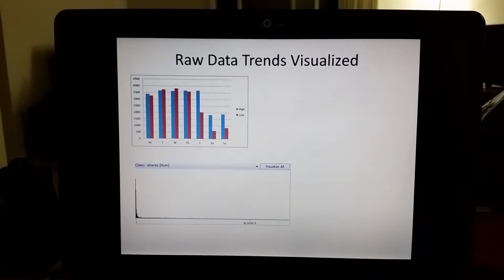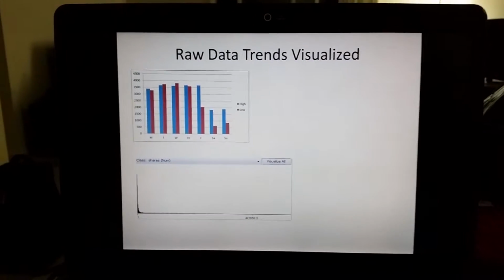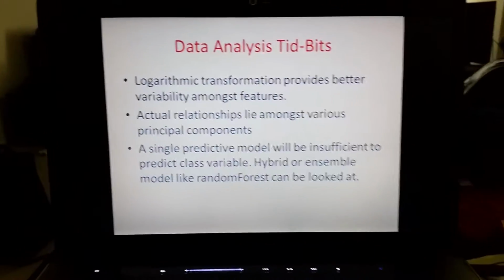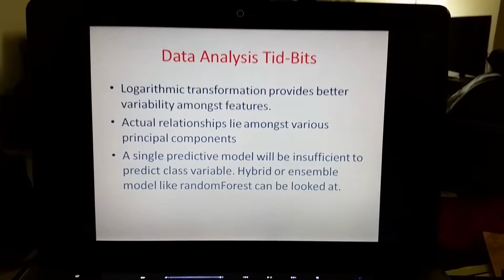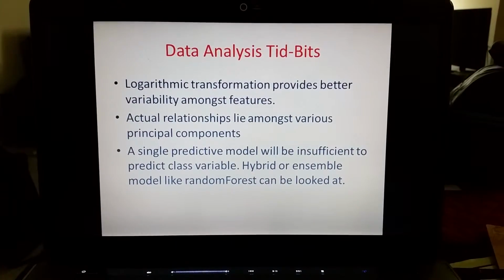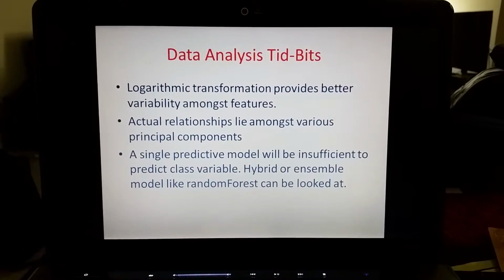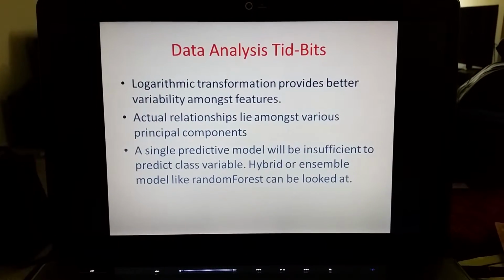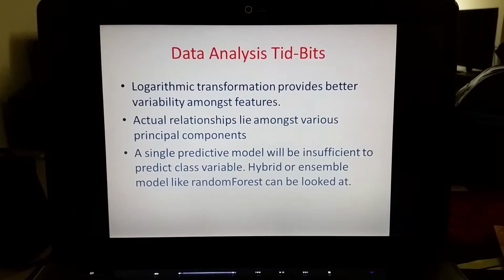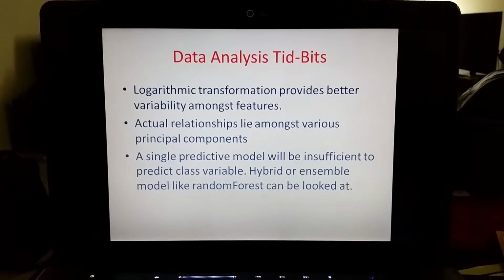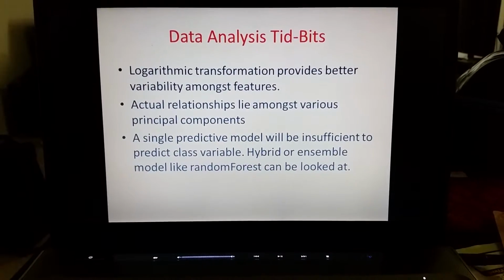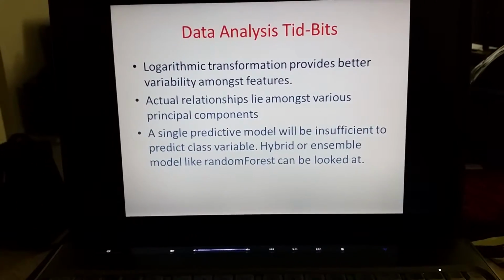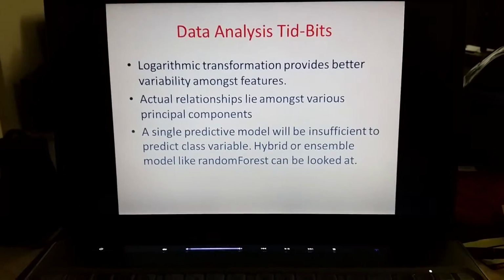Also in the next graph, you can see the amount of skewness the class variable shares has. Finally, the last slide gives you some insights that were derived out of the actual data analysis that I have done. The first one is that the logarithmic transformation of the raw data provides a better visualization of the variance amongst different features.